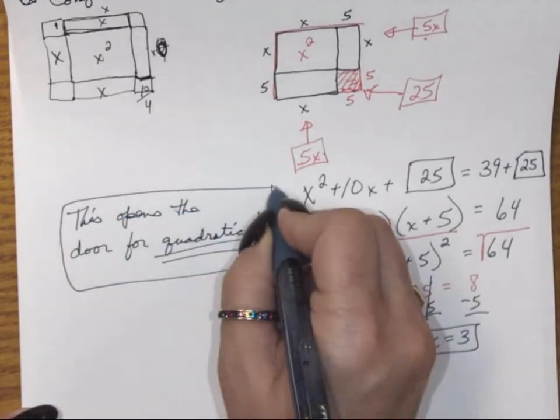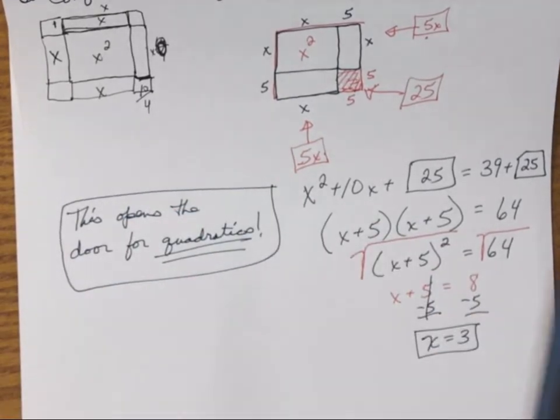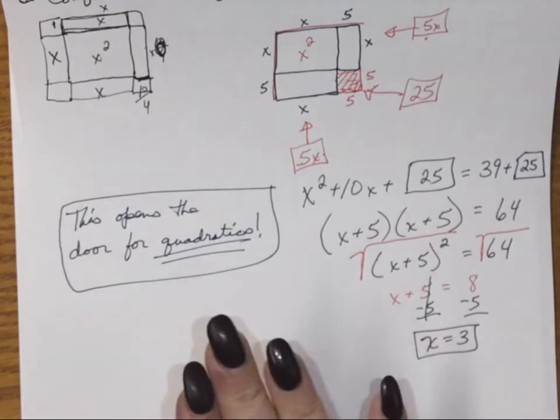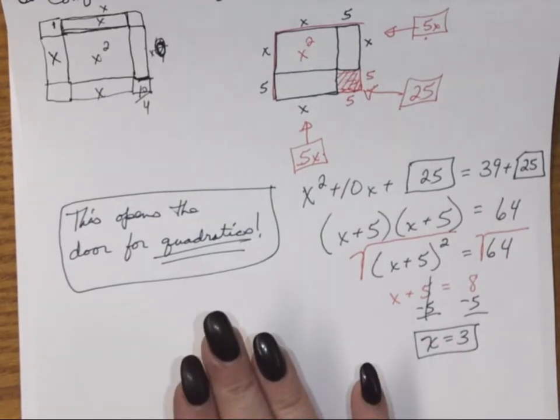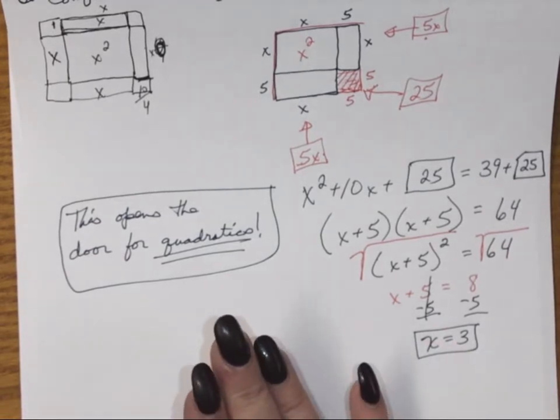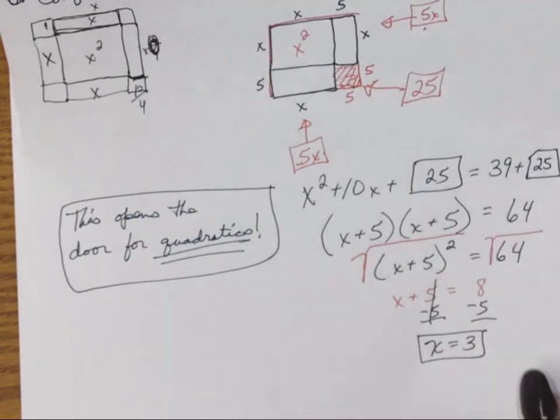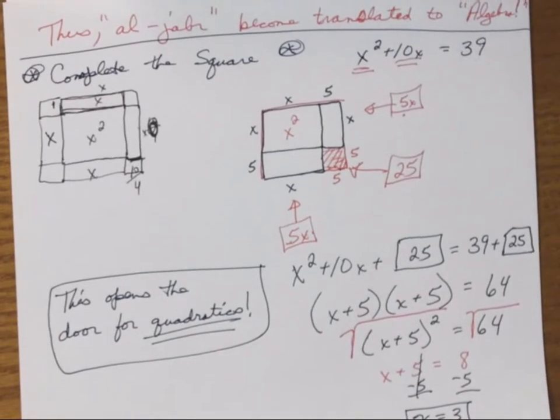In fact, the quadratic formula can be directly derived from completing the square. So we'll see a lot of advances dealing with polynomials of higher degrees, and a lot of it comes back to this work right here.